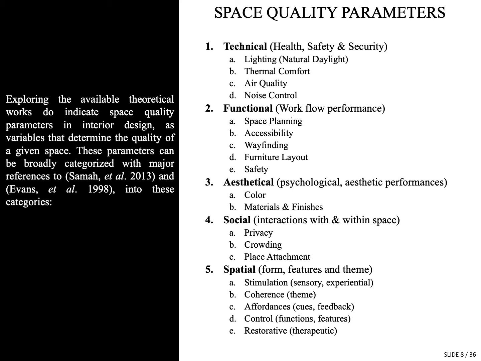The third component is aesthetical, which is about psychological and aesthetic performance. The fourth one is the social component that deals with interactions with and within the space. The fifth one is the spatial component, which is about form, features, and theme. All of these parameters within these components are also discussed and studied in detail.